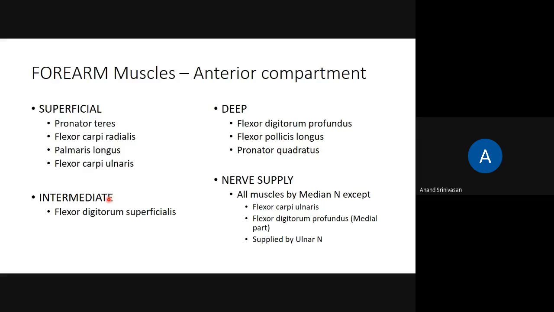Now, in the intermediate part, there is another muscle, flexor digitorum superficialis. It is a flexor, so it helps in flexion. Flexion of what? The digits. That's why it's called digitorum. And it is superficial, so that's why it's called superficialis.